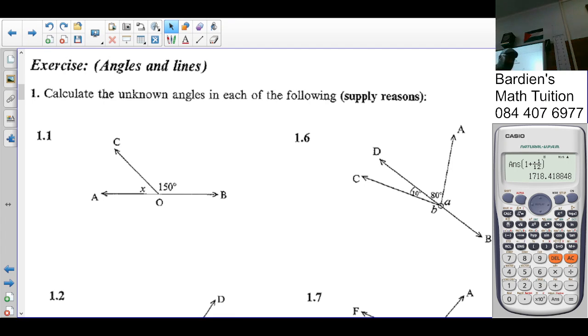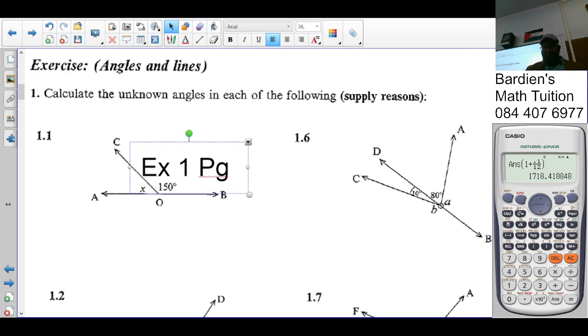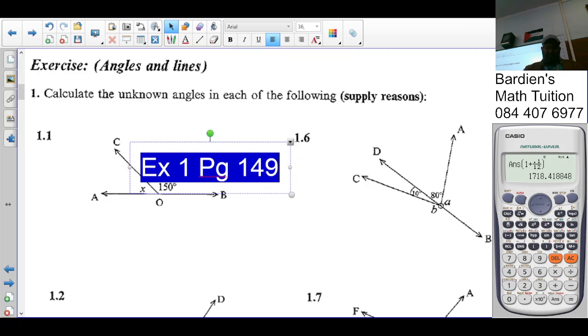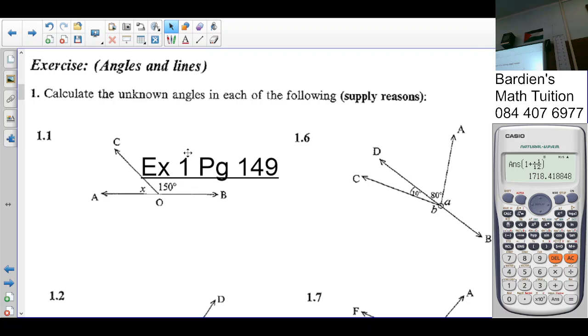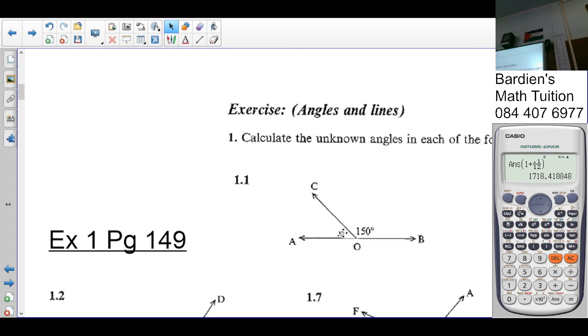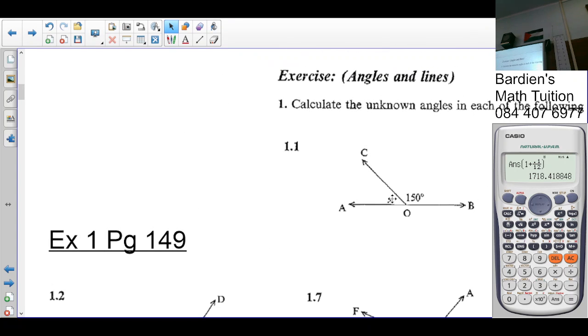This is exercise 1, page 149 of this textbook, Study and Master. I think this book deals with the geometry very nicely.